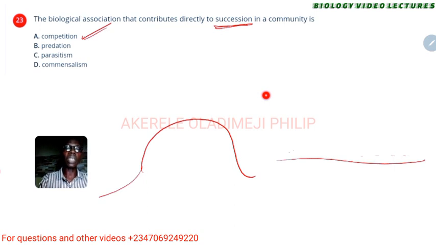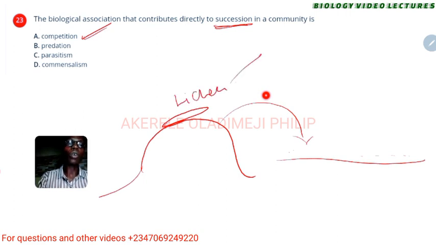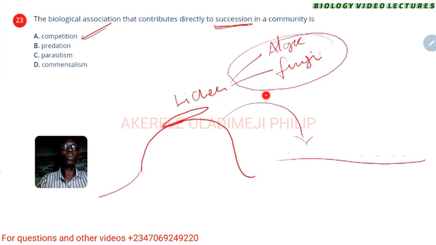So what happened is that, for example, if you were to change this to a soil, which we have seen before, the first colonizer of this rocky surface is going to be lichen. Now, this lichen is made up of two organisms called algae and fungi. Now, that's why I mentioned, I said if this is mutualism, I wish one of these options were mutualism, but you probably ask me, why did I choose competition?